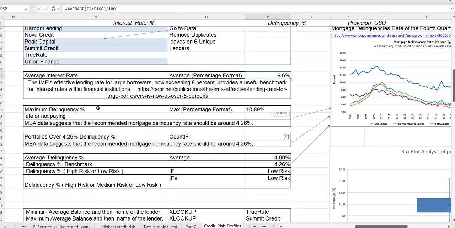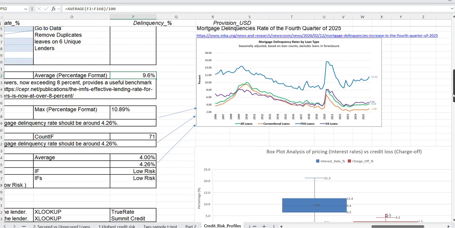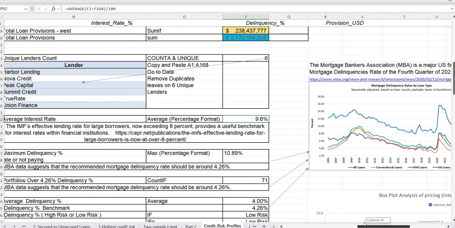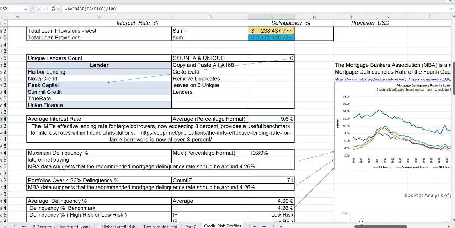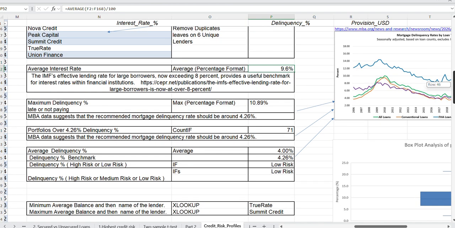Next, the maximum delinquency we ever charged was 10.89%, and according to information I found online, the Mortgage Bankers Association in the US recommends that late payments should be a maximum of 4.26% or under. Any more and you risk having too much bad debt on your books.